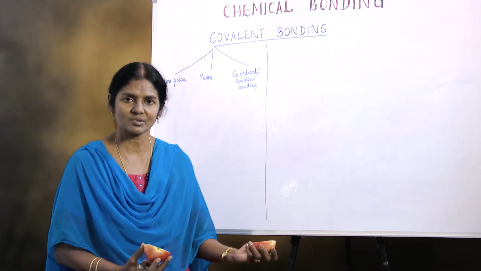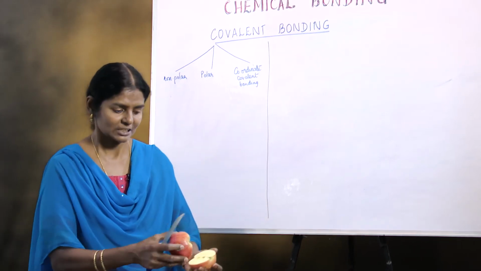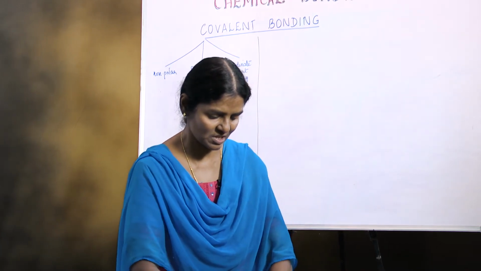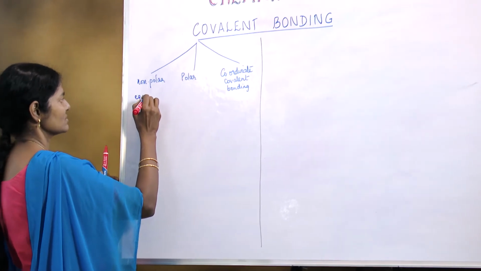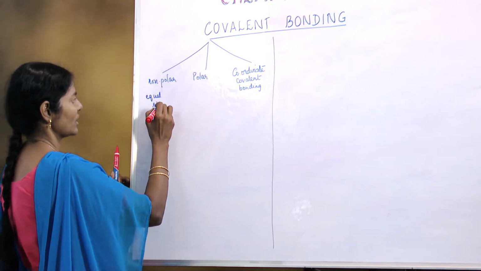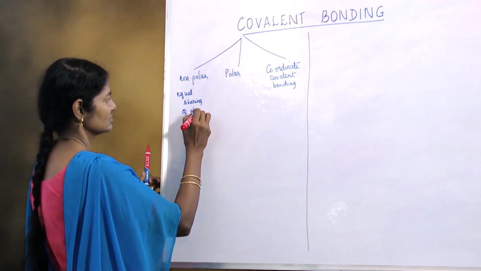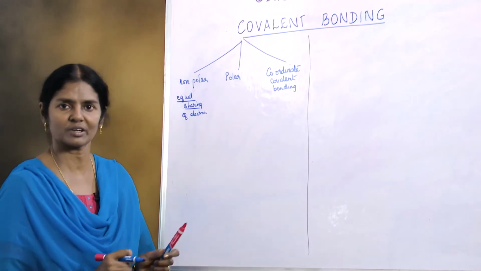So what am I doing? There is equal sharing of this apple. The same thing happens with electrons. There could be equal sharing. That only results in non-polar covalent bonding. So the word equal sharing is important.